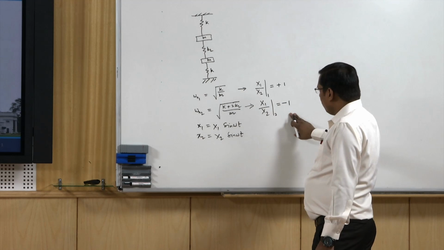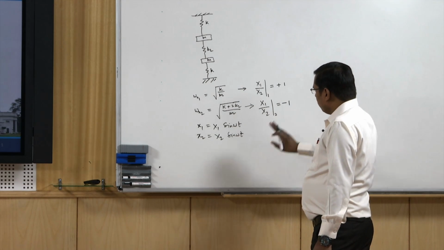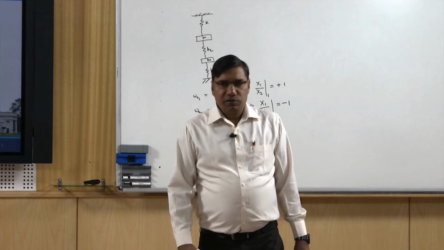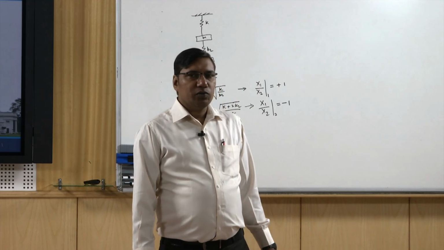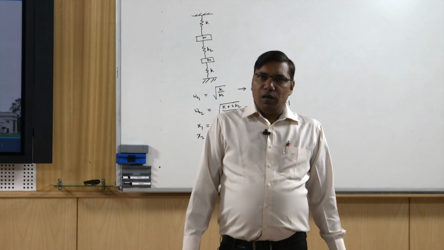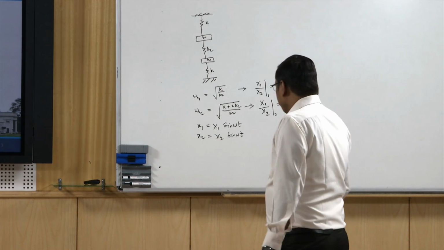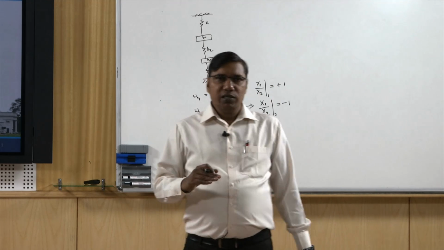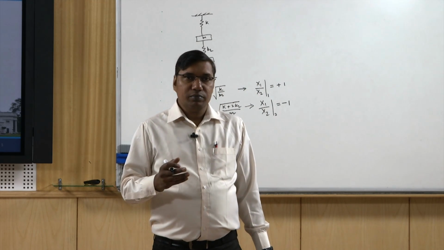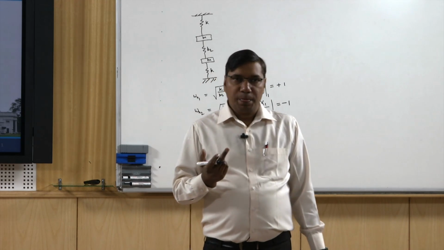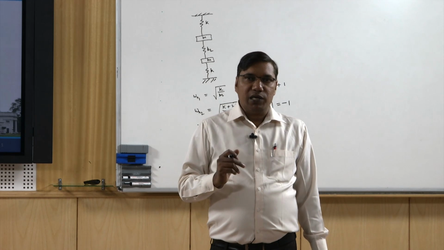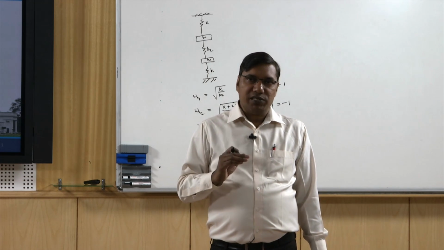Then about omega n2, if it is vibrating with the second natural frequency omega n2, we get that the amplitude ratio x1 by x2 has the same magnitude, 1, but there is a negative sign, which means they are out of phase.